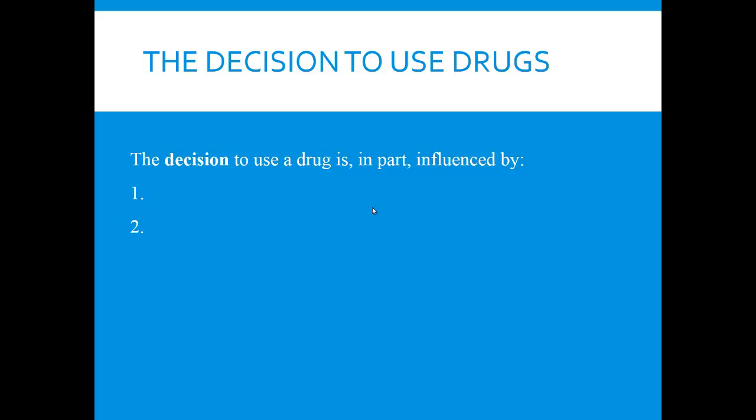So let's talk a little bit about the decision to use drugs. We're going to talk about two things here that influence an individual's decision to use a drug. So the first thing we're going to talk about is the availability and value of natural reinforcers.